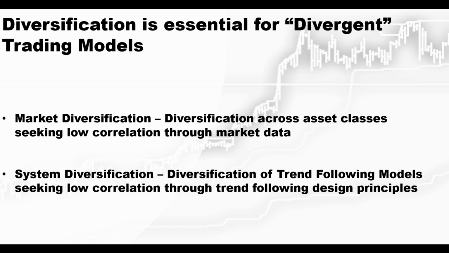So market diversification allows us to spread our wings far and wide across asset classes as we are seeking less correlated relationships in the market data. So in terms of market diversification, we would be looking at applying this workflow process beyond a single asset class such as Forex to include diversification into equities, cryptocurrencies, agricultural commodities, non-agricultural commodities such as metals, bonds and fixed income instruments.